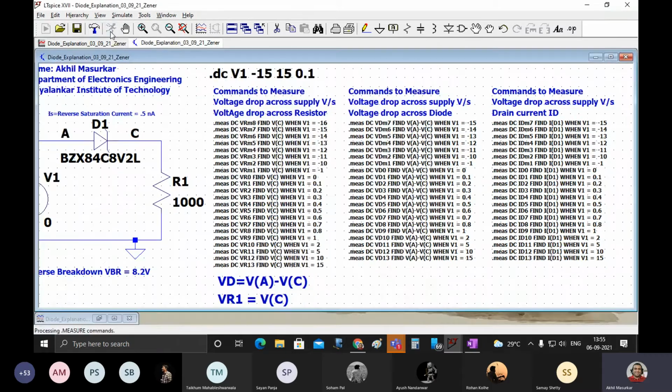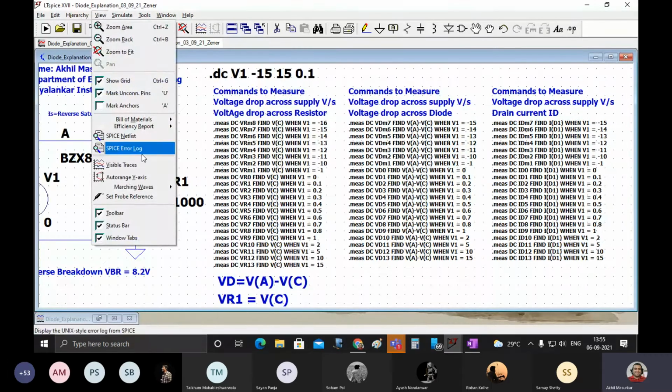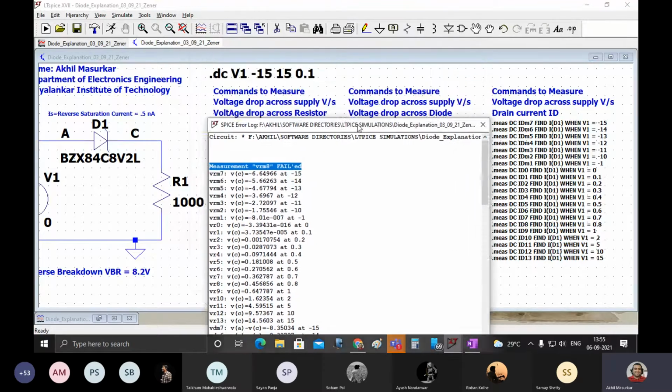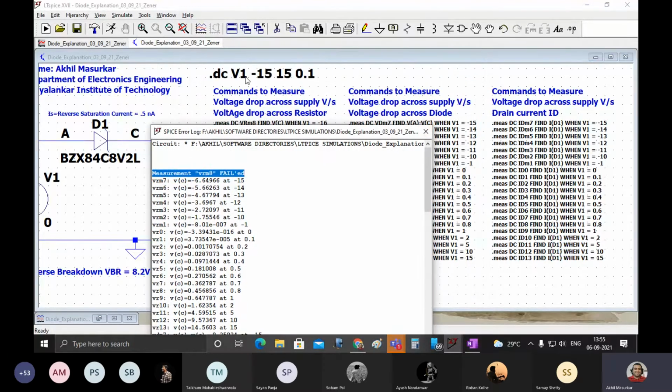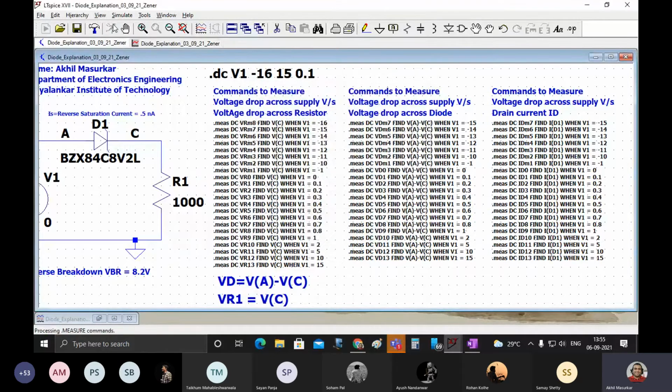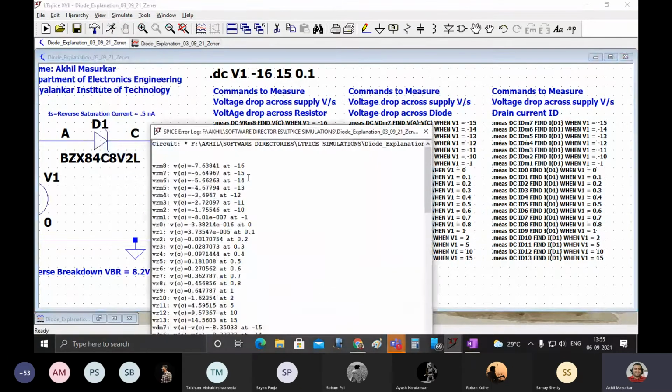Okay, and if I say simulate, then you can see in my error log, VRM8 failed. Why is it saying it has failed? Because my range is from minus 15 to plus 15. The moment I make this minus 16 and say run, you can see the error has gone. Can you see it plotted one more value?